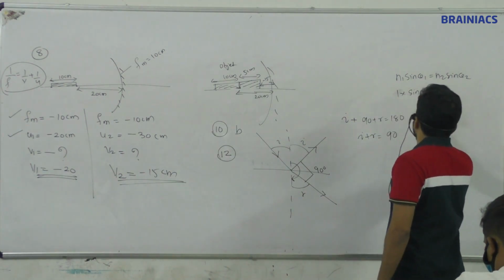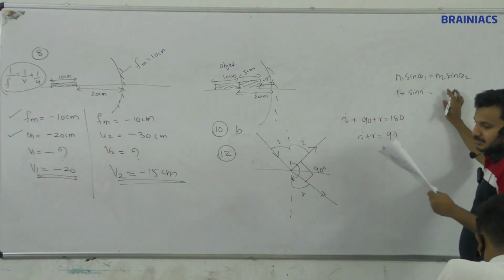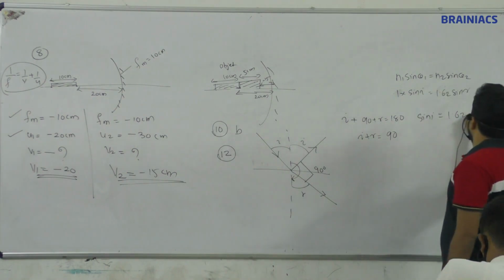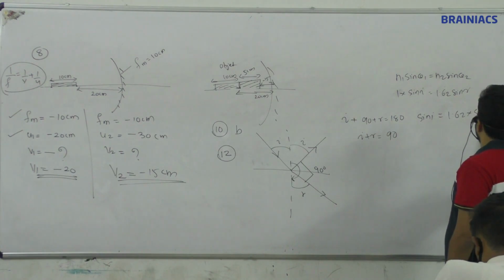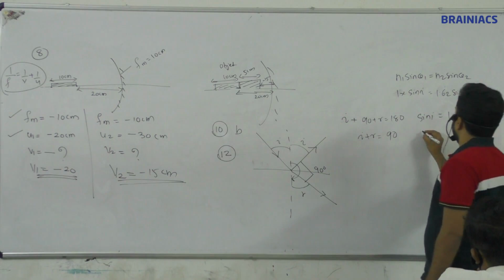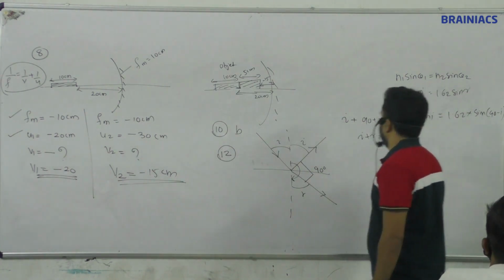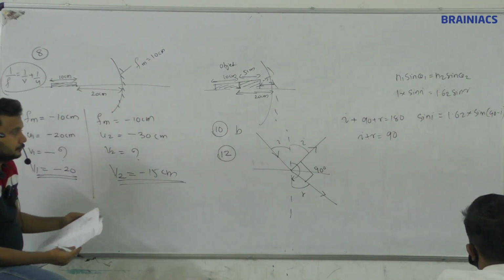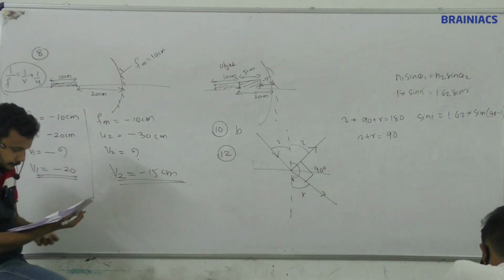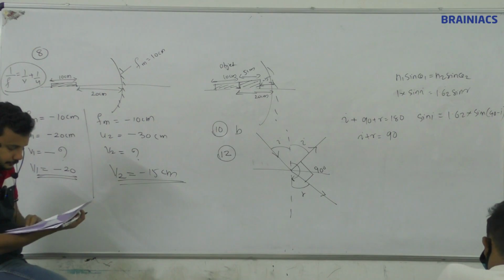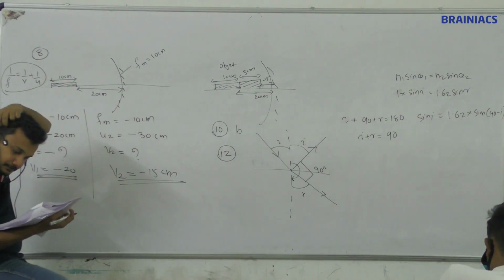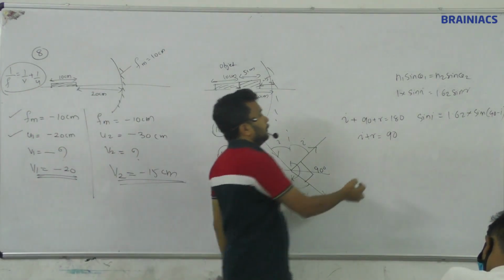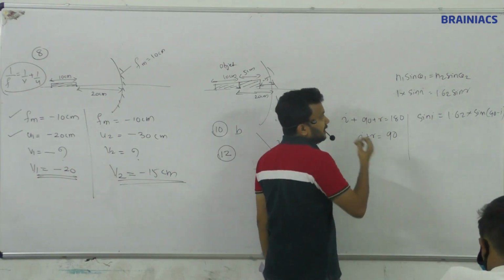Sin theta 1 means sin of angle of incidence, equal to N2, which is glass with refractive index 1.62, into sin of R. So sin I equals 1.62 into sin R, and sin R means sin of 90 minus I. Sin of 90 minus theta is cos theta.